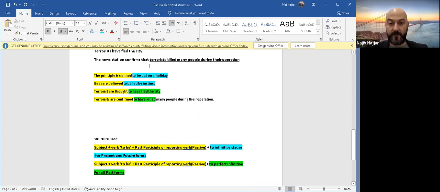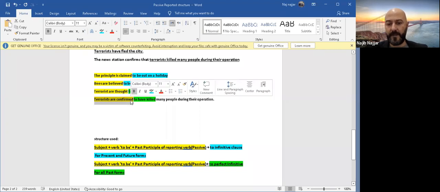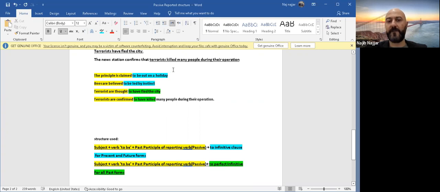The news station confirms that terrorists killed many people during their operation. Let's start with the subject plus the passive. The subject here is the terrorists. Killed, what's the passive of killed? We would say terrorists. Let's use the verb confirm. Terrorists are confirmed. And then we have to use the perfect infinitive. What's the perfect infinitive of kill? To have killed.